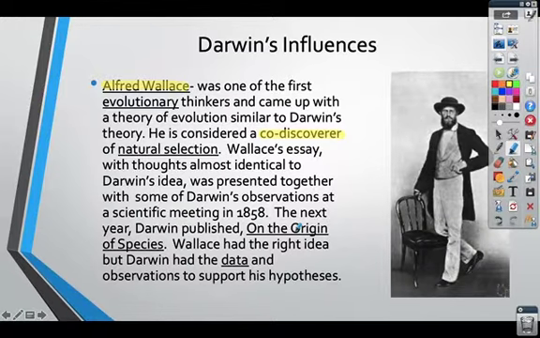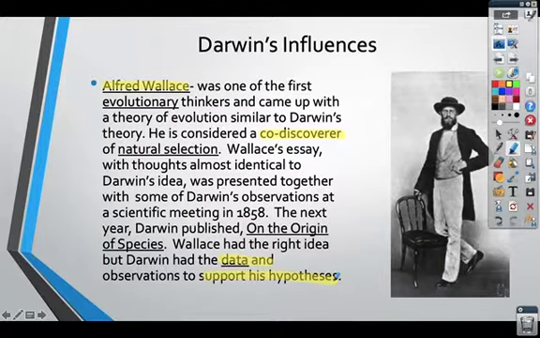And what prompted him to publish was that he and Wallace presented together some of their observations in 1858 at a scientific meeting. After that, Darwin decided he was going to go ahead and publish his book, the famous On the Origin of Species. And so Darwin gets a lot of the credit for the idea because he had a lot of data to support his hypotheses, and he had written quite a lot about them, whereas Wallace didn't have quite the amount of evidence to support his ideas at that time.